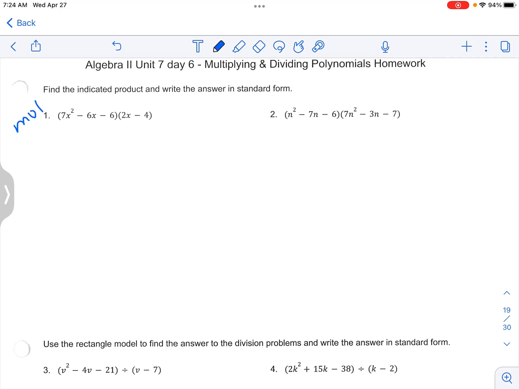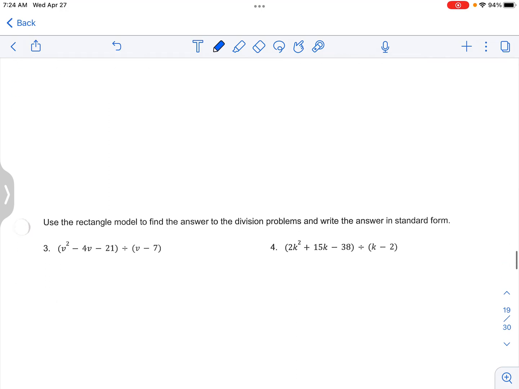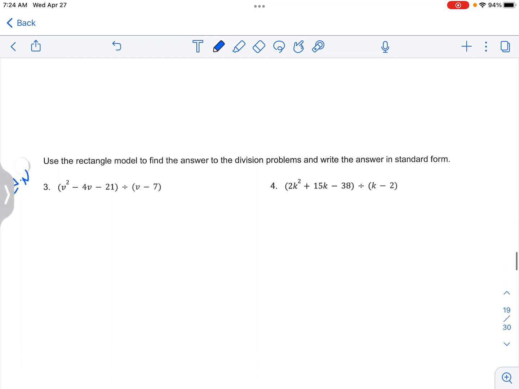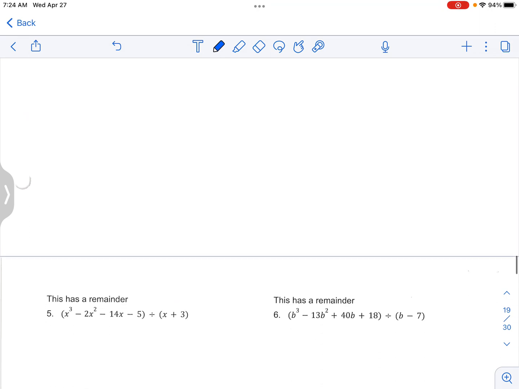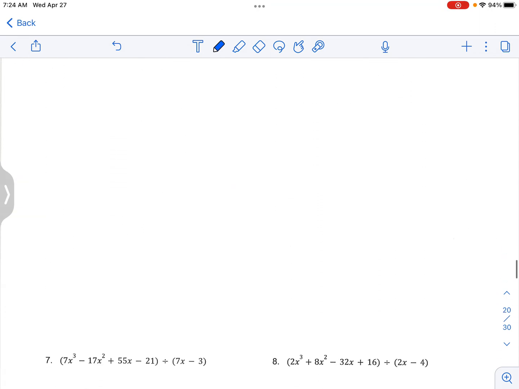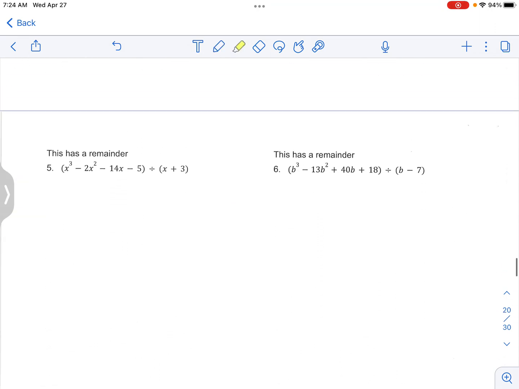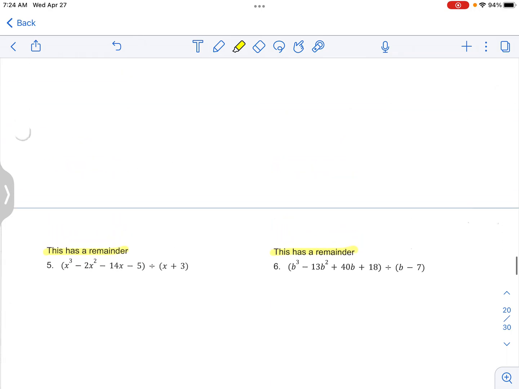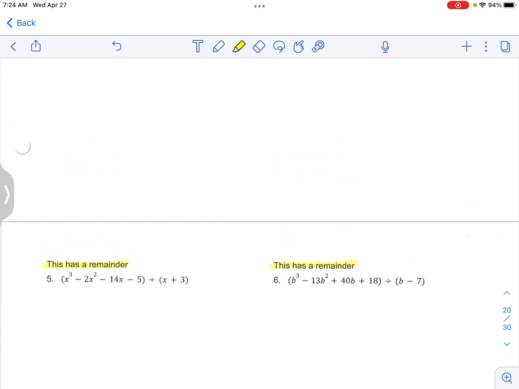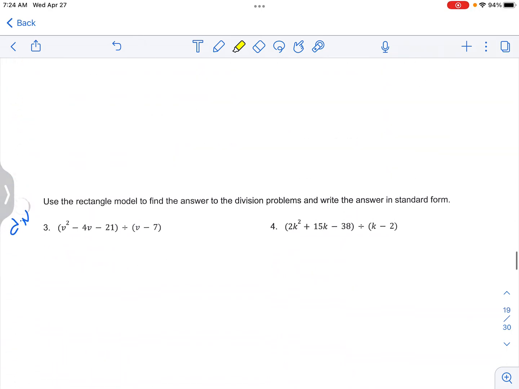This is using our area model to multiply. And then this is all division. So this is using our area model backwards to fill in the blanks to see whether or not we have a remainder, basically. And notice that I say specifically number 5 and number 6 have remainders. The rest do not. So expect to have to express 5 and 6 with a remainder.